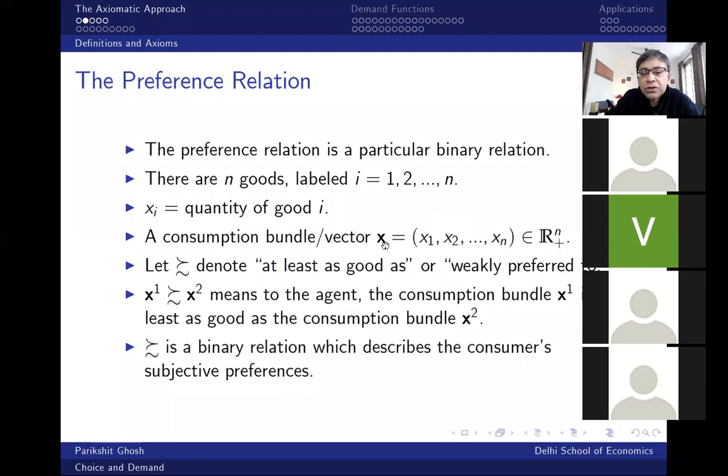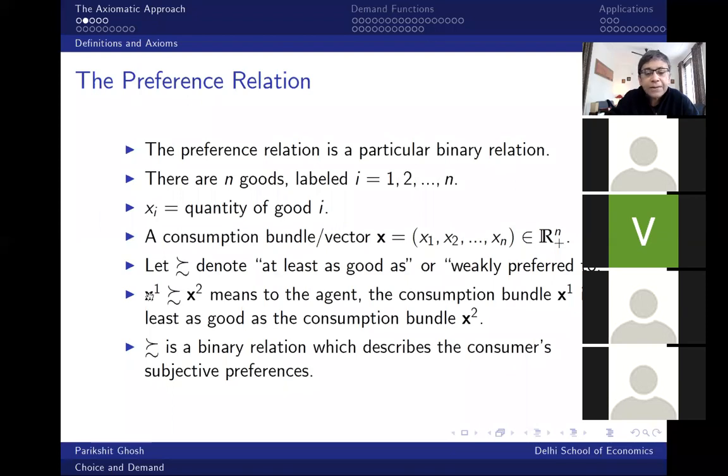Let me spell out the notation we're using: bold letters will always denote vectors, and non-bold normal font will denote scalars. So the bold x is just a compact way of writing down a vector.